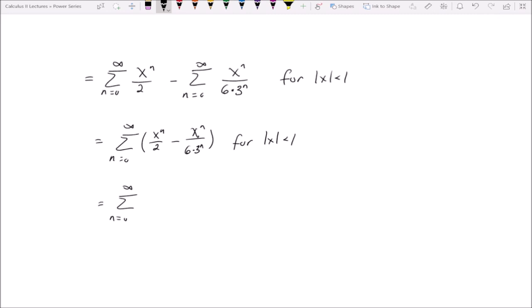You can factor out an x to the n over 2, right? So we'll be left with 1/2 minus 1 over 3 to the n plus 1, then all times x to the n over 2, for absolute value of x less than 1.